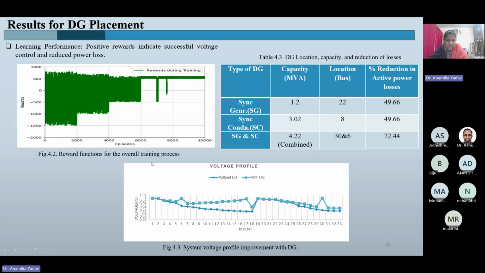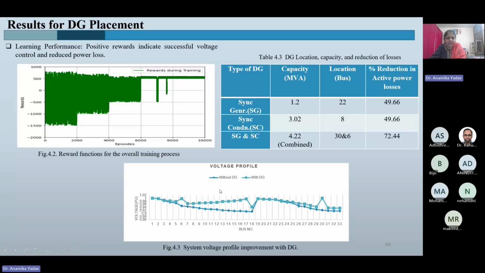From these figures you can see the reinforcement learning training process shown herein, and for the voltage profile there are two figures, one without DG and one with DG.